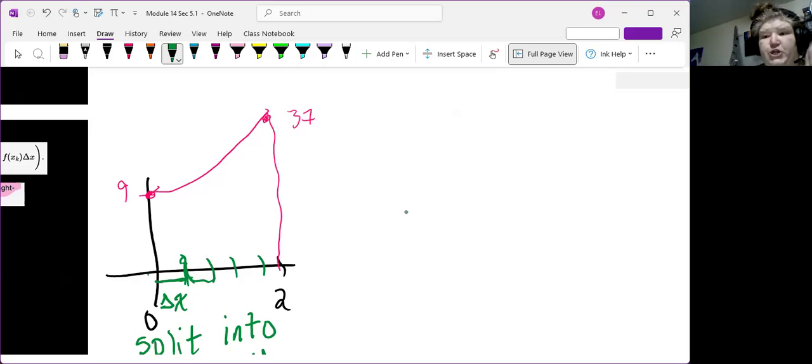So we can think of our starting line as our 0, and then all the other x values are just for however many rectangles we have.